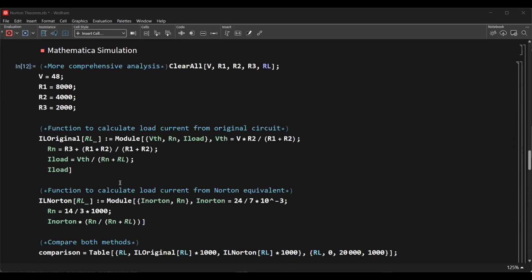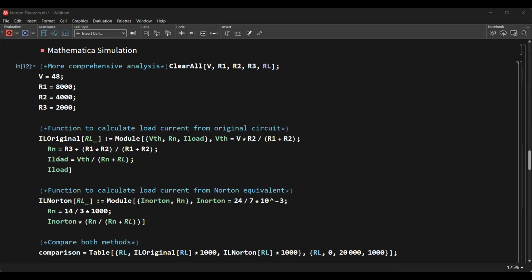Okay, so another way of using the Mathematica code, we have the original current from the load. Our RN here is the Thevenin resistance, R3 plus R1 times R2 over the sum of R1 and R2.